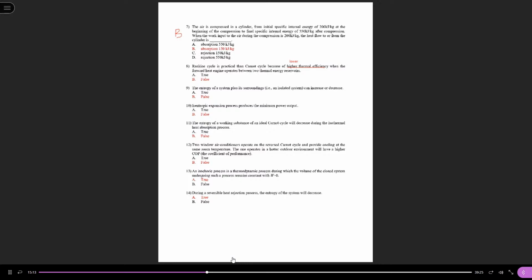Then for the isentropic expansion process, it produces the maximum power output. And the entropy of the working fluid in an ideal Carnot cycle will decrease during heat absorption is wrong. This will increase.